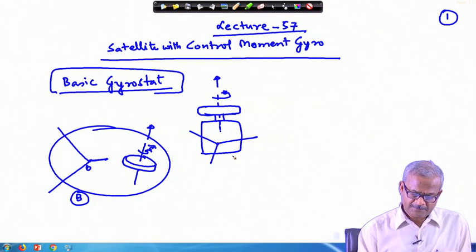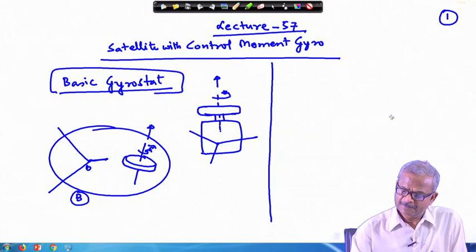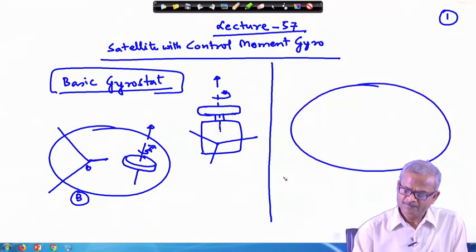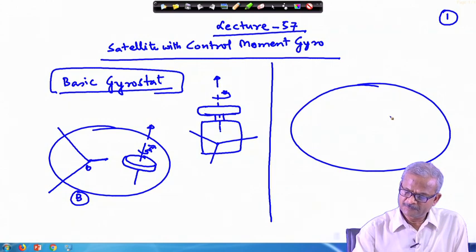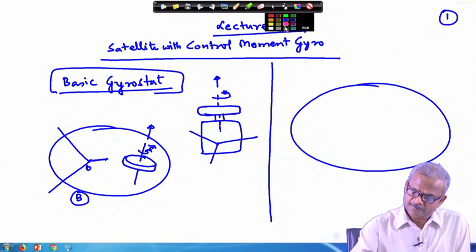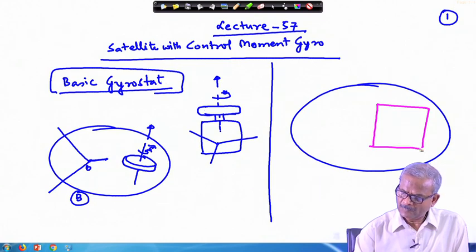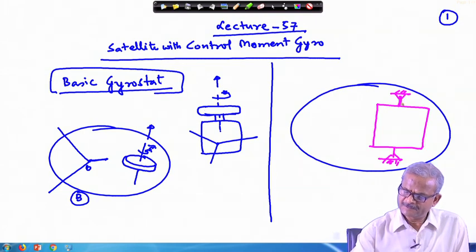Now, when we were discussing the control moment gyros, the difference was this. I have a satellite here, and inside it there is a control moment gyro, which we have made something like this. We have shown one outer frame, and this frame is pivoted in the satellite, so this axis is fixed in the satellite.